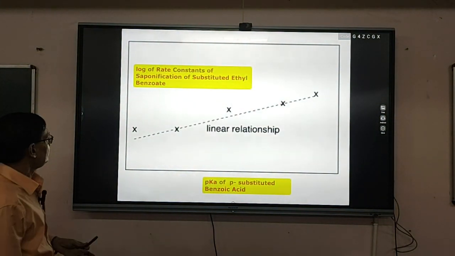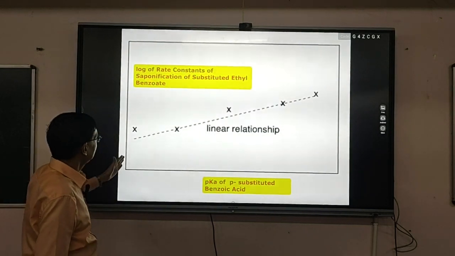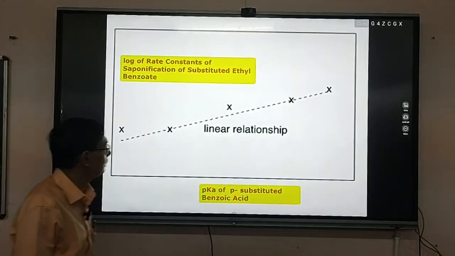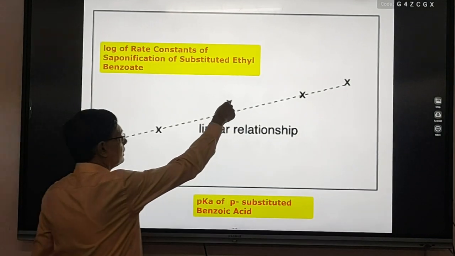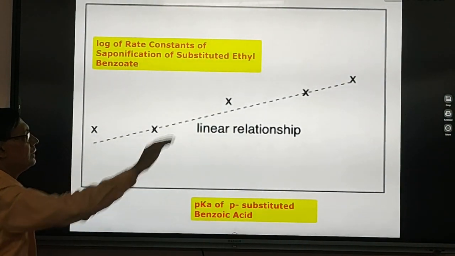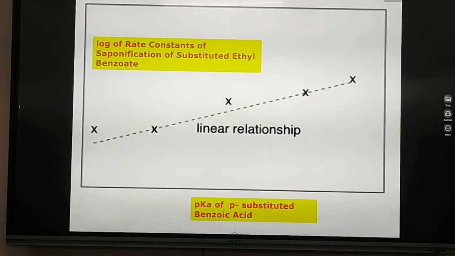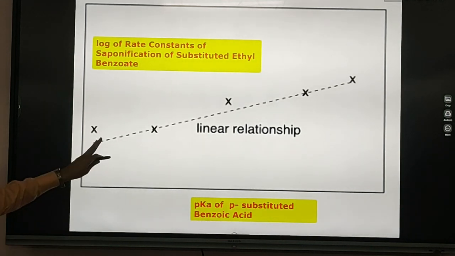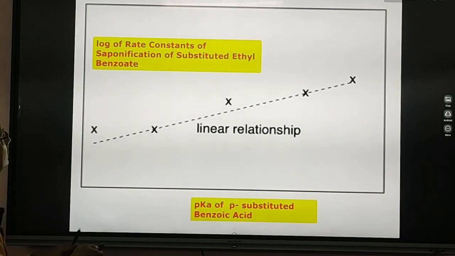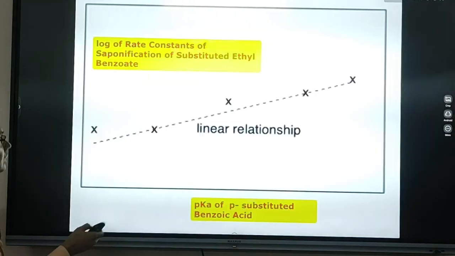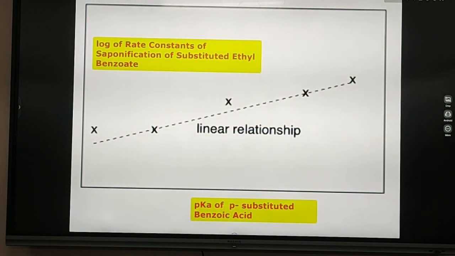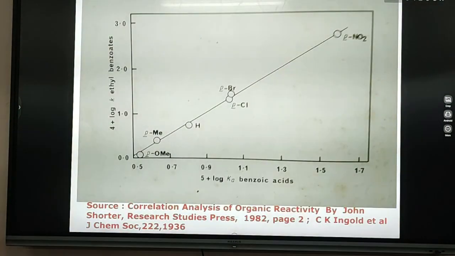You see that one is the log of the rate constant and the pK of para-substituted benzoic acid. Of course, there is certain scattering, but there is a linear relationship, and this is just a symbolic thing. But again, you just focus on it. This is the starting point, the original value.